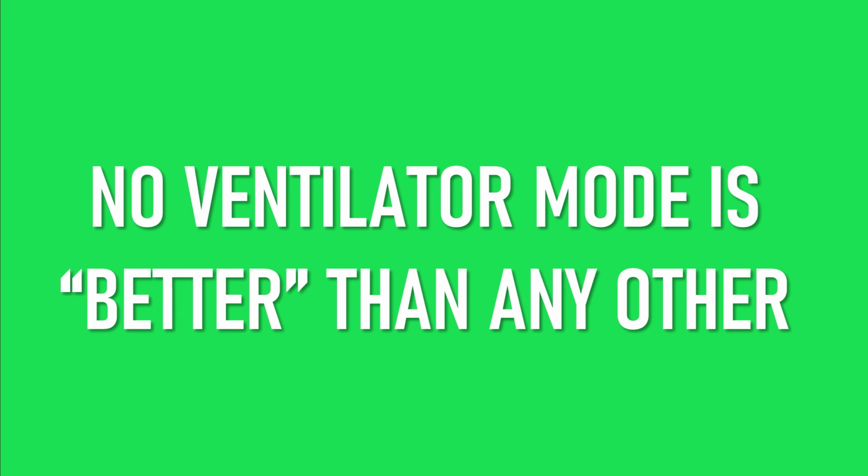The quality of mechanical ventilation, the precision, the skill depends on the operator. And all the modes that I'm going to discuss can be used by anybody, and they will work really well in your ICU if you're careful and you know what you're doing.